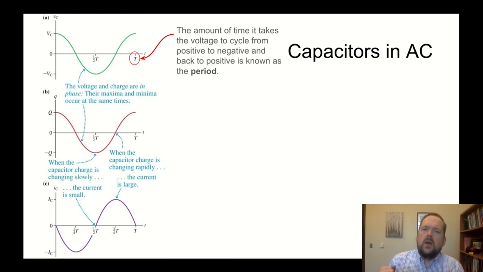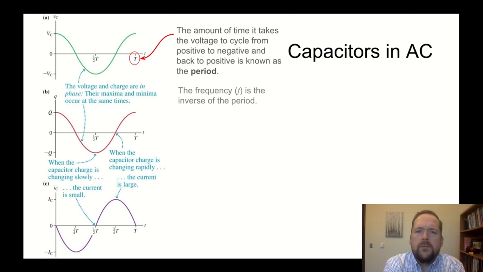Well, the amount of time that it takes for the voltage to cycle from the positive to the negative and back to the positive is known as the period, and it's symbolized with a capital T in physics. We'll do more with frequencies and periods in our final unit that's going to involve a little bit more wave physics before we get into optics. So the frequency is the inverse of the period.